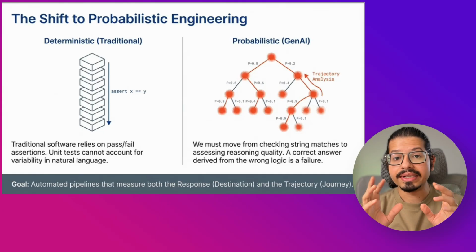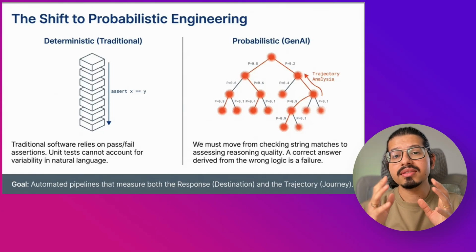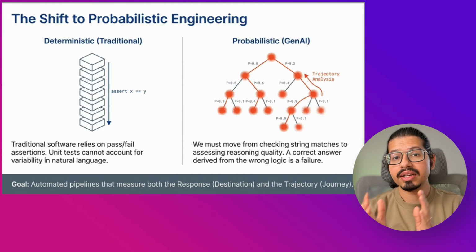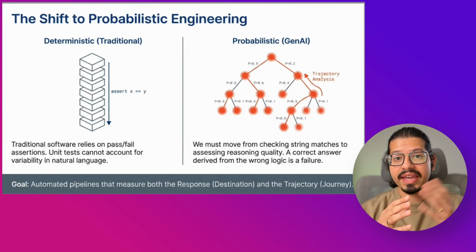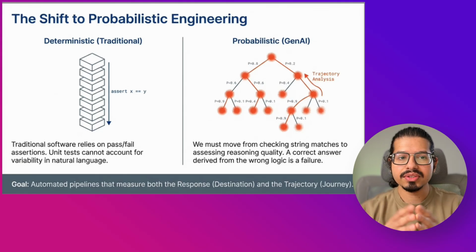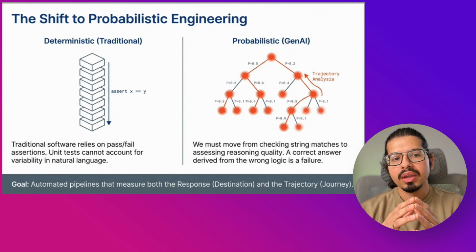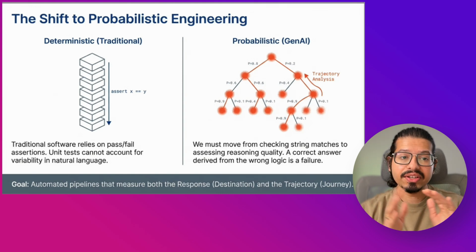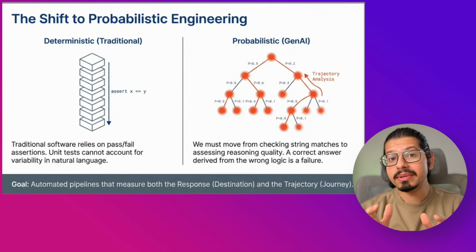Traditional software is deterministic in nature, meaning it's straightforward to check if something is correct or not. We assert if x equals y and there's a binary outcome, whether it passes or it fails. But GenAI systems, specifically agents, don't behave that way. Two answers can be slightly different and both can still be valid.